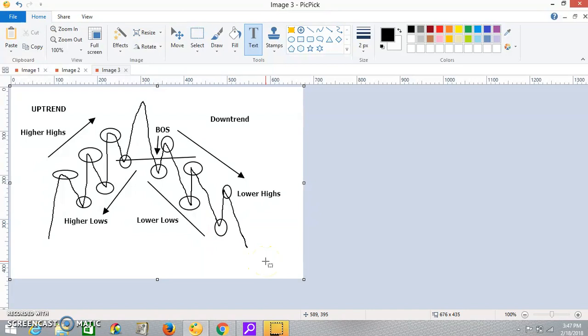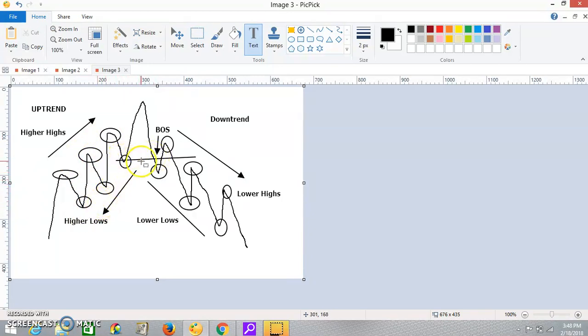Also, I want to talk about break of structure. A break of structure gives you an indication of a transition in market structure. As you can see here, these are all higher highs, and right here you still have your higher lows.